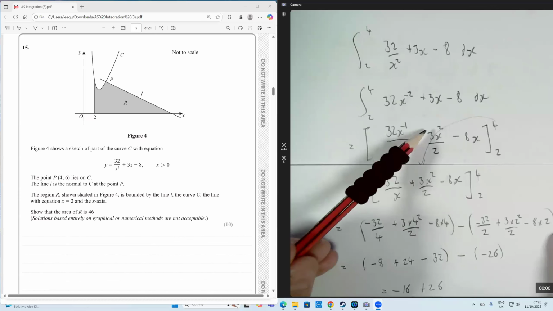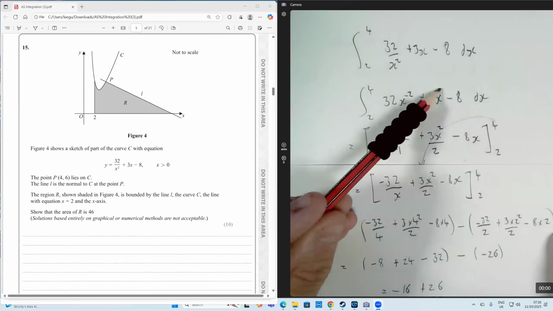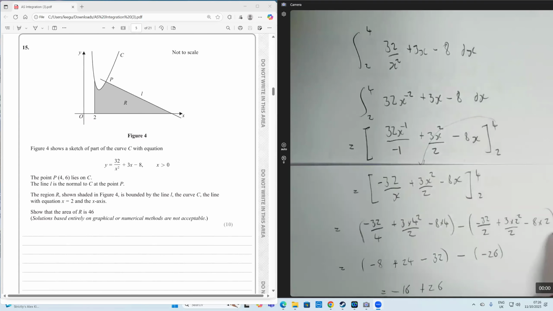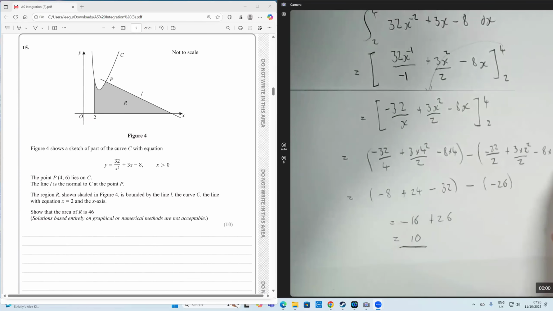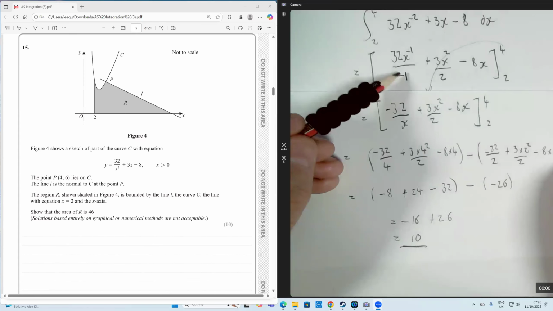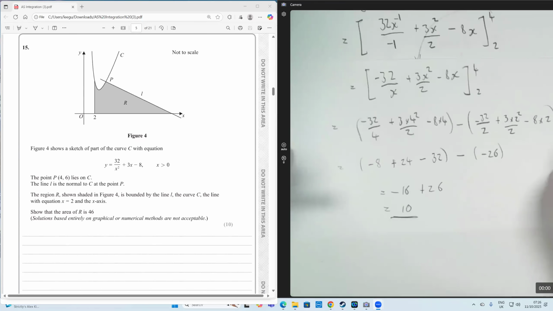Plus 3x squared over 2 minus 8x. Raise the power by 1, divide by the new power, and 8 goes to 8x. Let's write that in an easier to understand way. It looks confusing with that minus 1 up there, so I've brought the minus down and written the x down here to make it easier and avoid any mistakes.